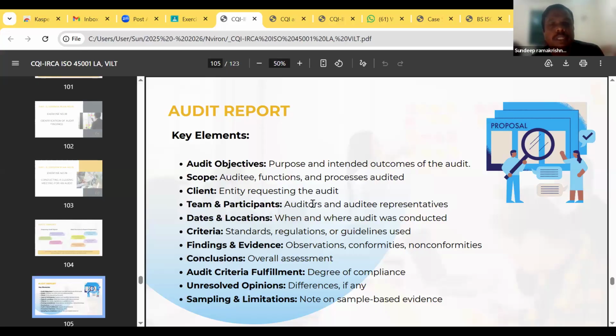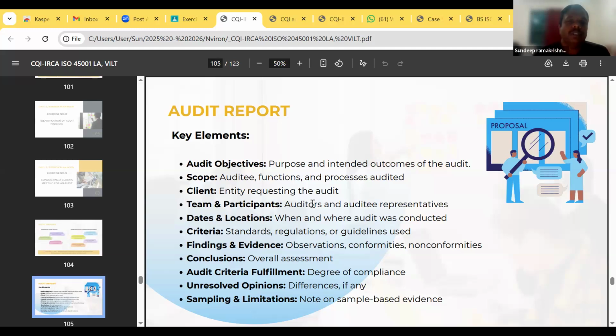Observations, conformities and non-conformities all have to be part of the audit report. And then the conclusion: what is your overall assessment? You state the degree of compliance, to what percentage you think the implemented management system meets requirements.